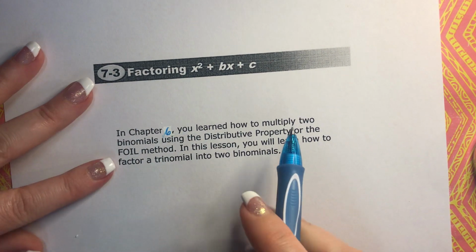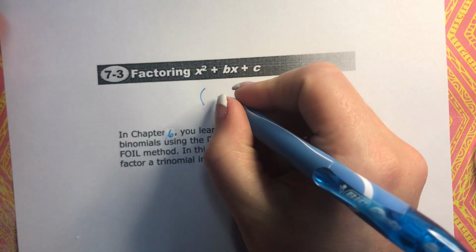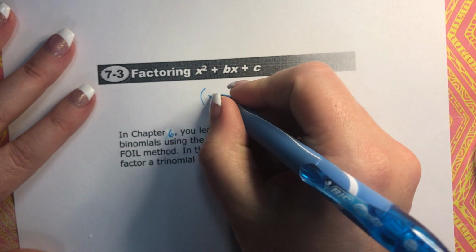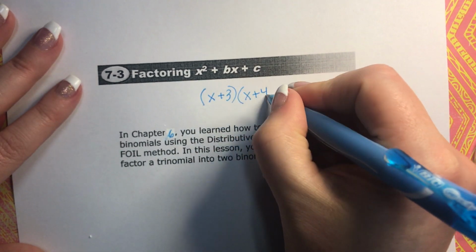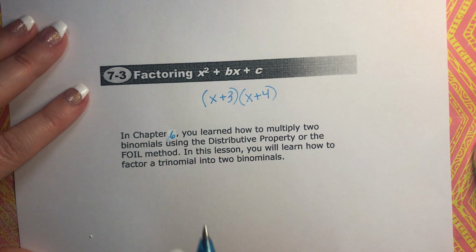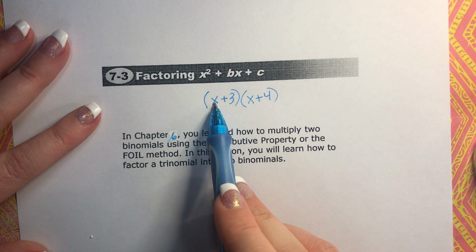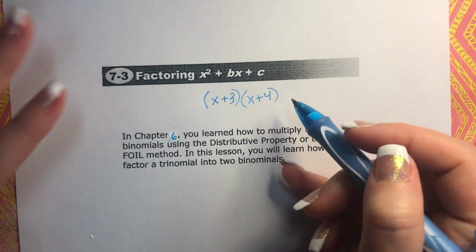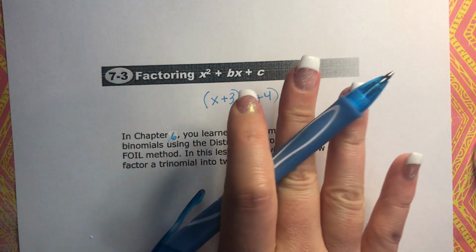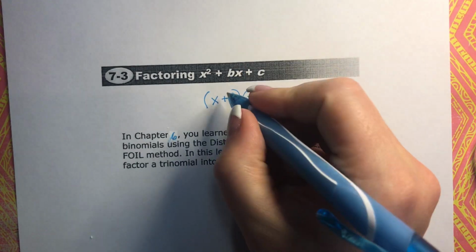You learned how to multiply two binomials, something like x plus 3 times x plus 4, and we use the FOIL method. We also talked about doing the distributive property twice, but I think it's really important to think about it as FOIL.